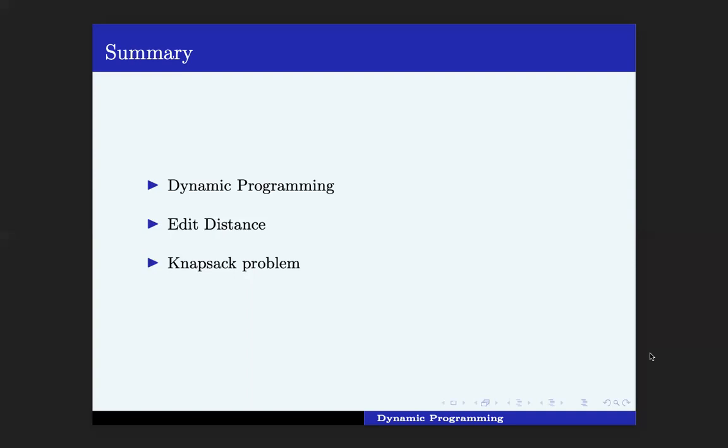One thing I will give you as a problem to think about, for the assignment that will be uploaded very soon: in the last class I dealt with the LIS problem, the longest increasing subsequence, and I showed you how to reduce the LIS problem to the LCS problem and solve it. That gave you an algorithm of order n square.